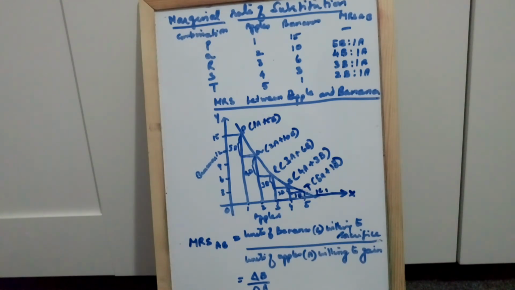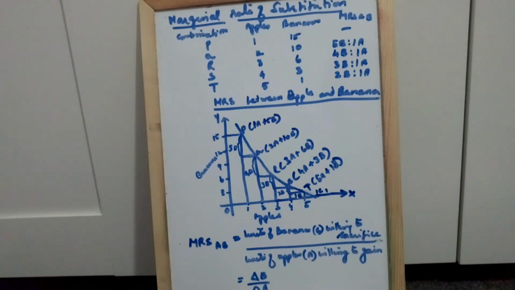So initially 5 bananas are given up, then 4, then 3. Since the marginal utility is decreasing, the number of bananas given up is also decreasing. So this is the MRS between the goods consumed by the consumer.